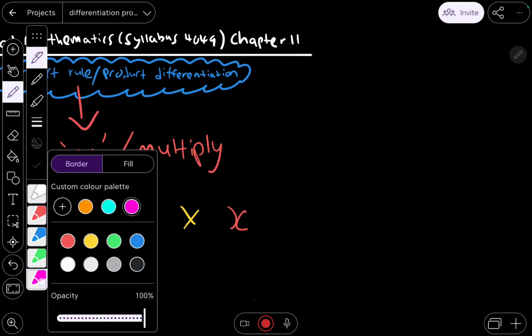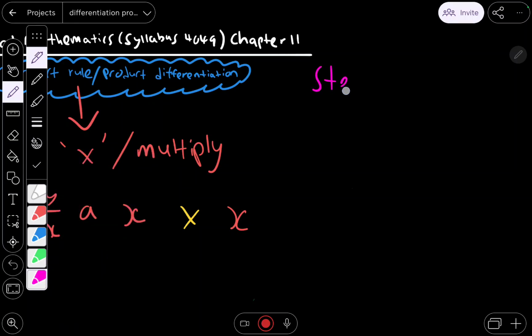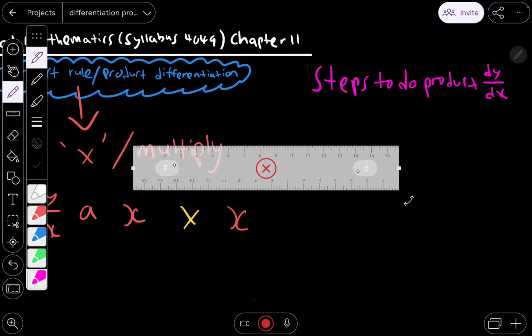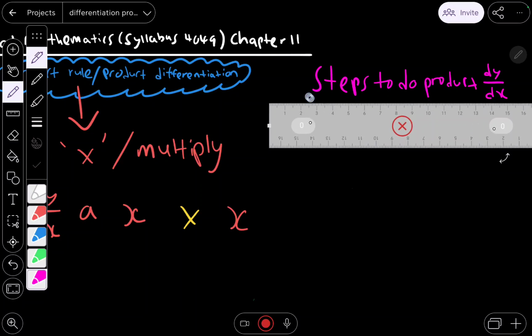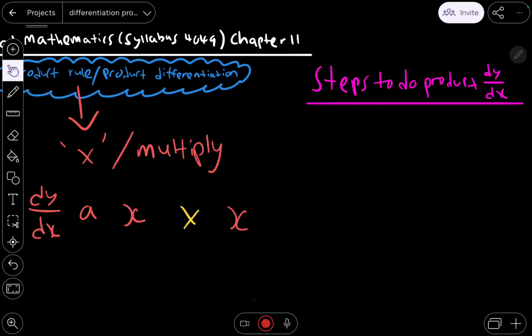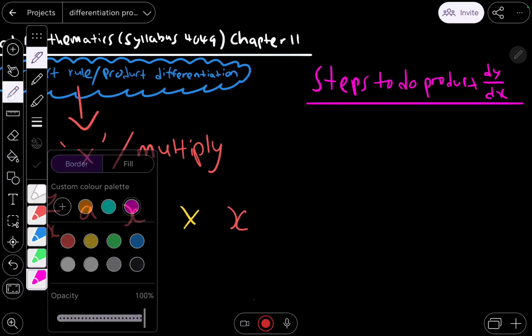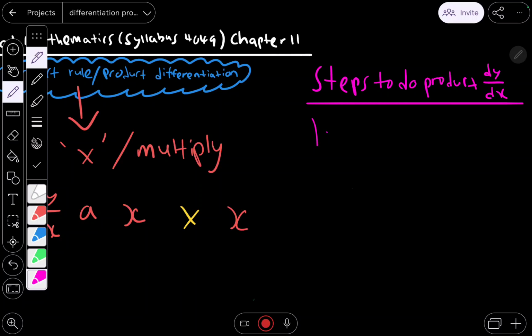Okay, so I'll drag in pink. So steps to do product dy dx. Okay, so firstly, first and foremost, we are gonna write down, there are, if I'm not wrong, 4 steps.